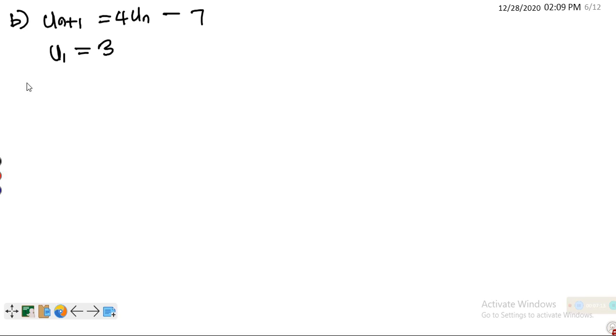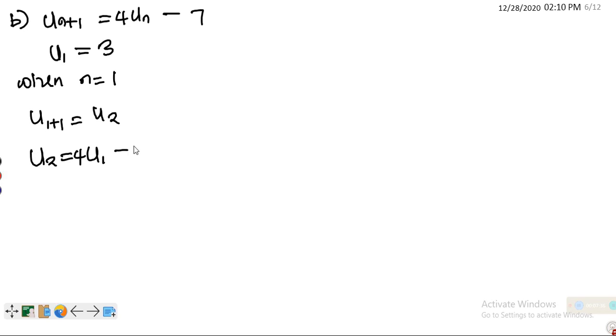Now given u1 to be 3, u2 will be u1 plus 1, when n equals 1. So u2 equals 4u1 minus 7, which is 4 times 3 minus 7, which is 12 minus 7, which is 5.